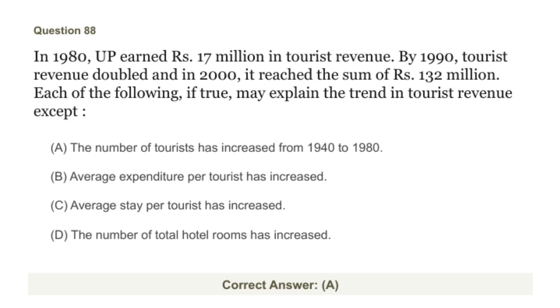However, option A suggests a change in the number of tourists over a period that isn't directly linked to the revenue trend from 1980 onward, especially since the main data points are from 1980, 1990, and 2000. Therefore, while the number of tourists might have increased, this particular factor may not directly explain the sharp rise in tourist revenue, making it the exception among the options.